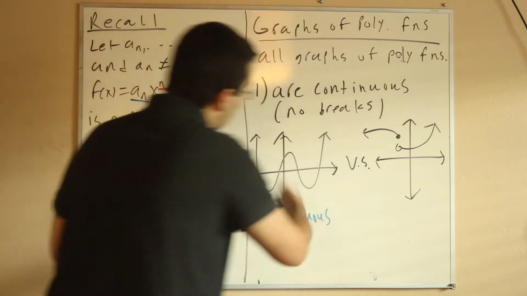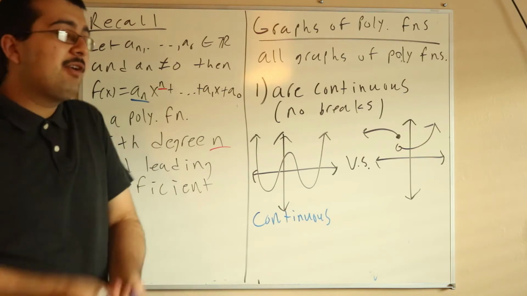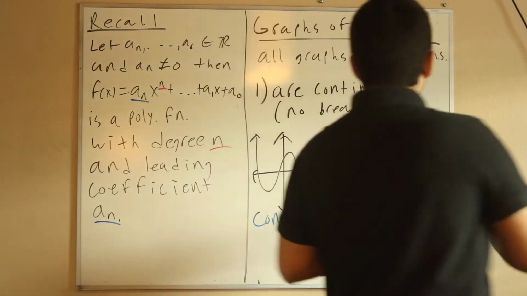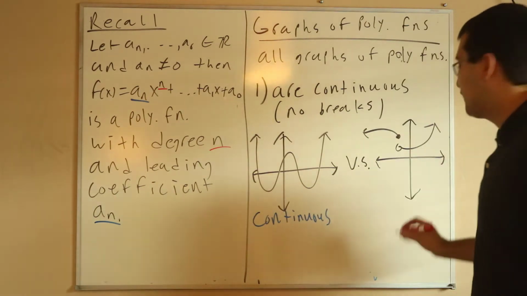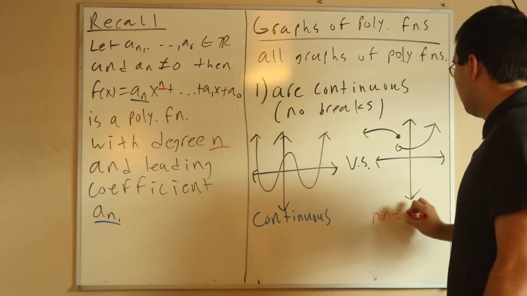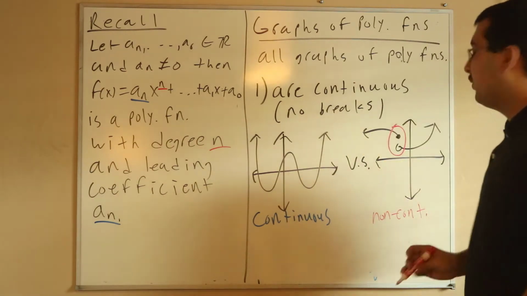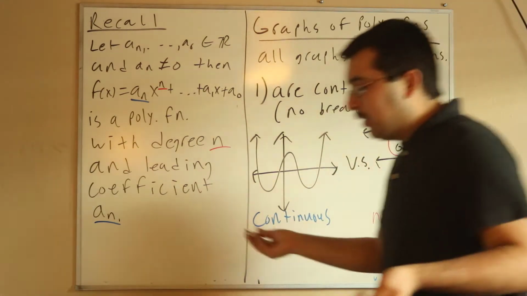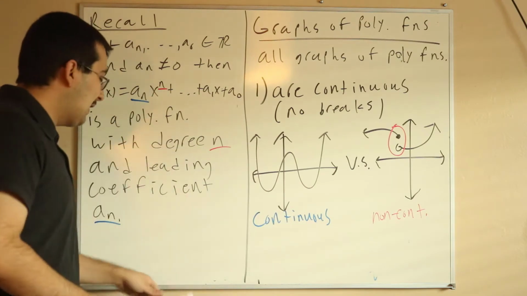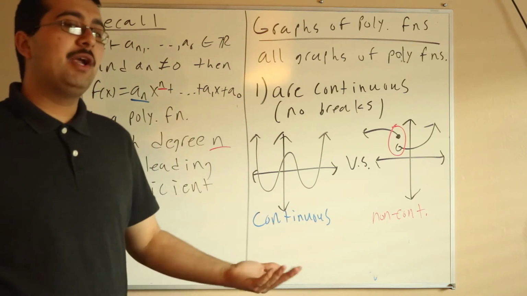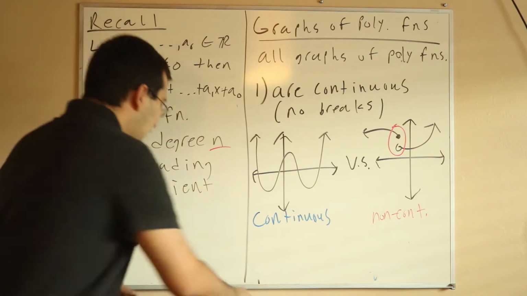It is smooth throughout. Nowhere is there a break in the graph. It is continuous. And on the other example, this is a non-continuous graph. Right? So why is that? We have a break right there. So there you go. So, in general, you get to make the statement that all polynomial functions have continuous graphs. There is no breaks in any polynomial function.